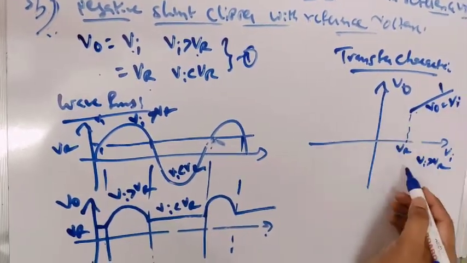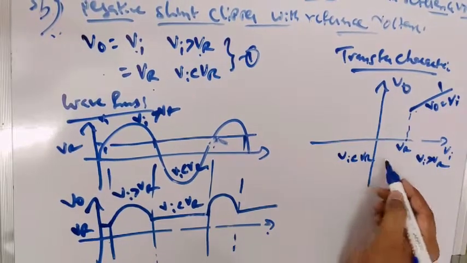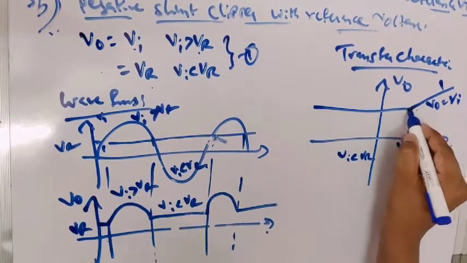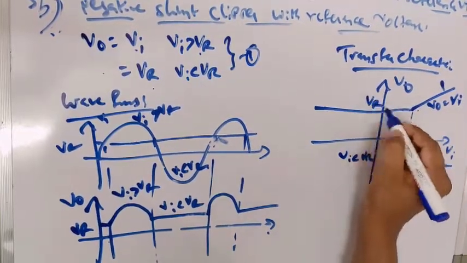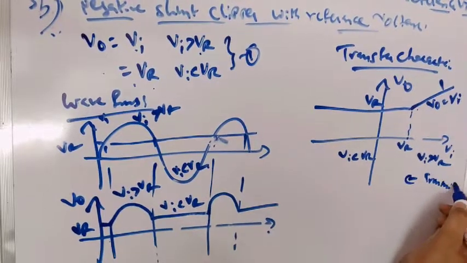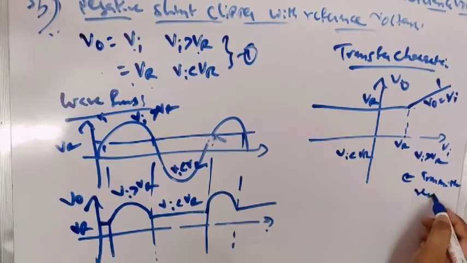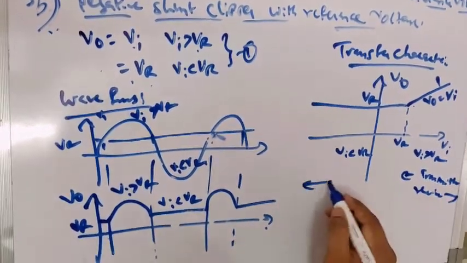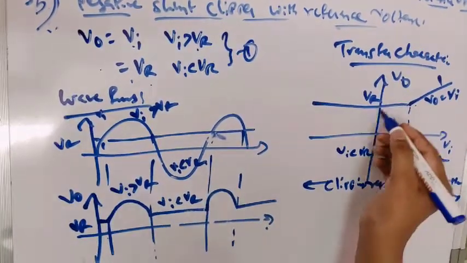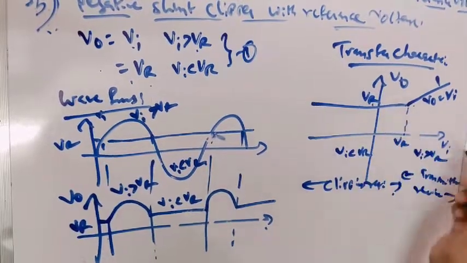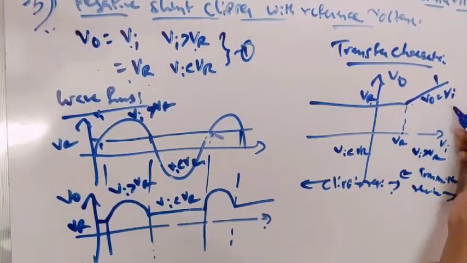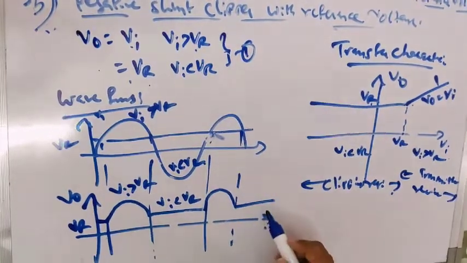Now when Vi is less than VR, during this portion the output will be equal to VR, it is restricted to VR. This is called the transmitting region. In the transmitting region, whatever input we give comes out as the output. This region is called the clipping region. In this portion the output voltage is restricted to VR, and when Vi is greater than VR, the output follows the input signal. This is about the negative shunt clipper with reference voltage.